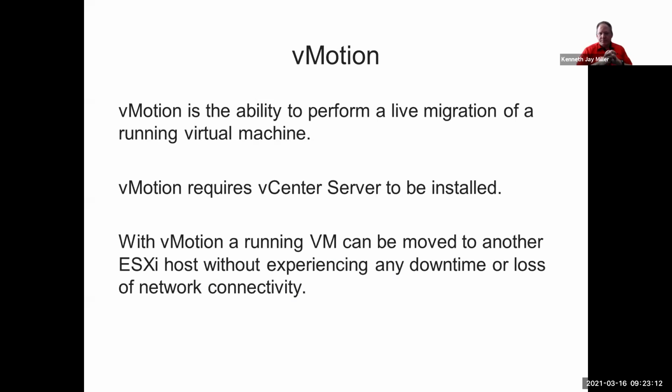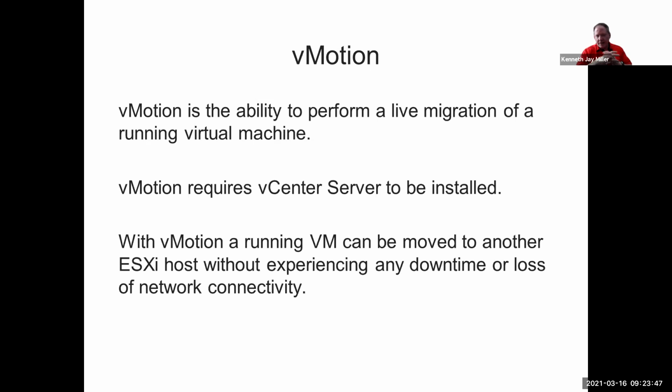The next product or application that we're going to talk about is vMotion. And vMotion gives us the ability to perform a live migration of a running virtual machine. So those two terms, live migration and running virtual machine, live and running, tell you that a system can be moved with vMotion without experiencing any downtime or loss of network connectivity.